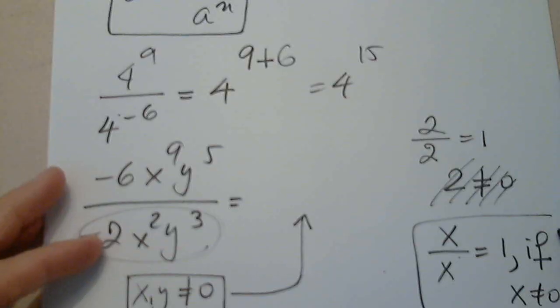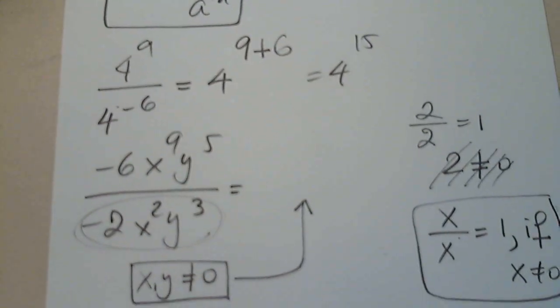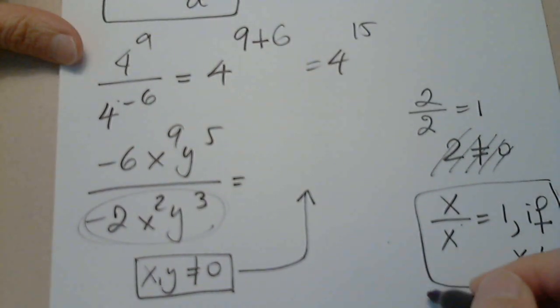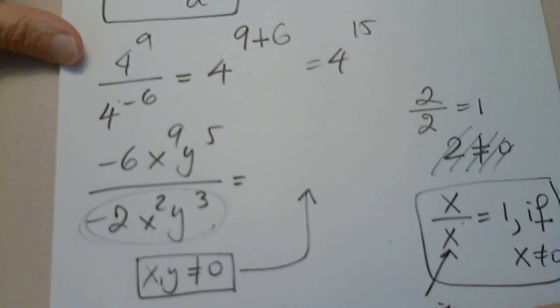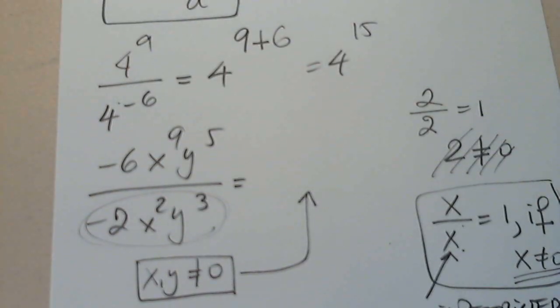So we call this restriction on the variable. The variable x is restricted. Why is it restricted? Because it cannot be 0. It can be anything else, but not 0. Division by 0, as we know, is named undefined.